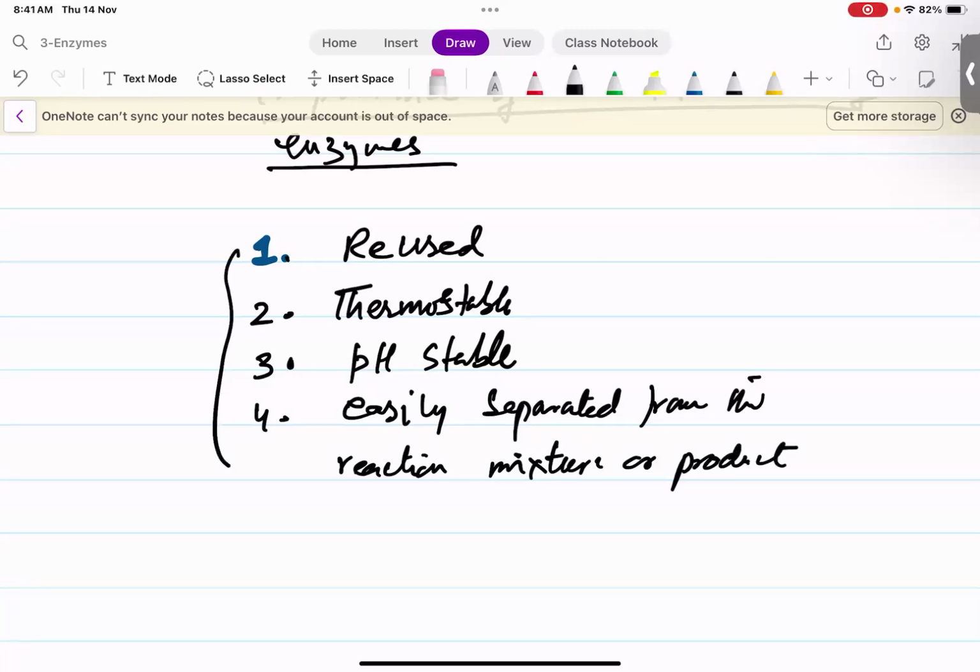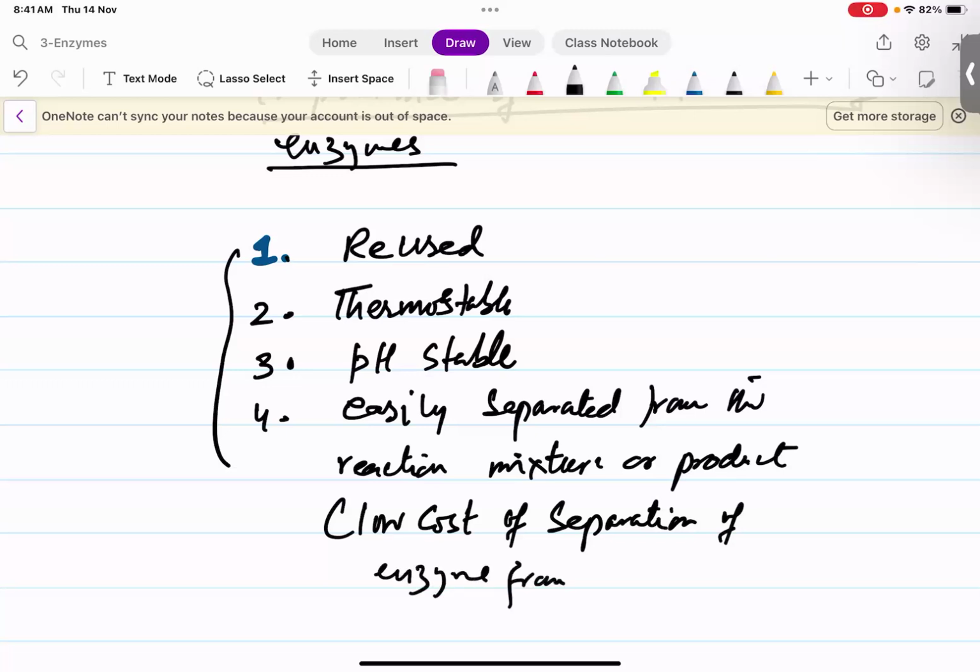Okay. So obviously, if they can easily be separated from the reaction mixture, in this case there would be a low cost of separation of an enzyme from the product. So low cost of separation of enzyme from product. Okay.